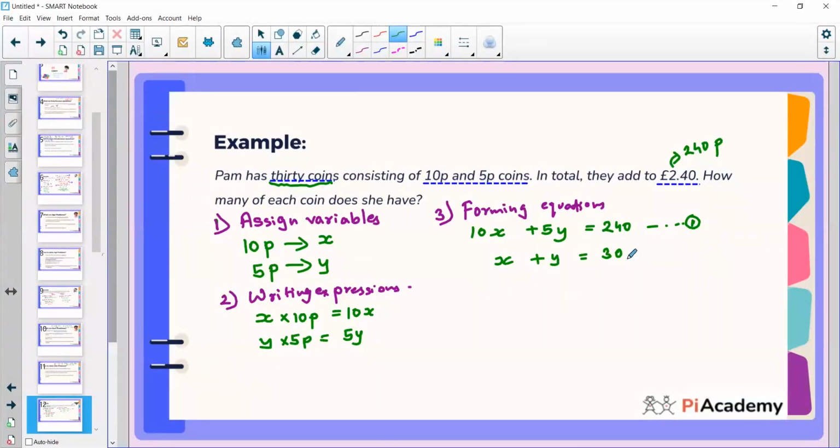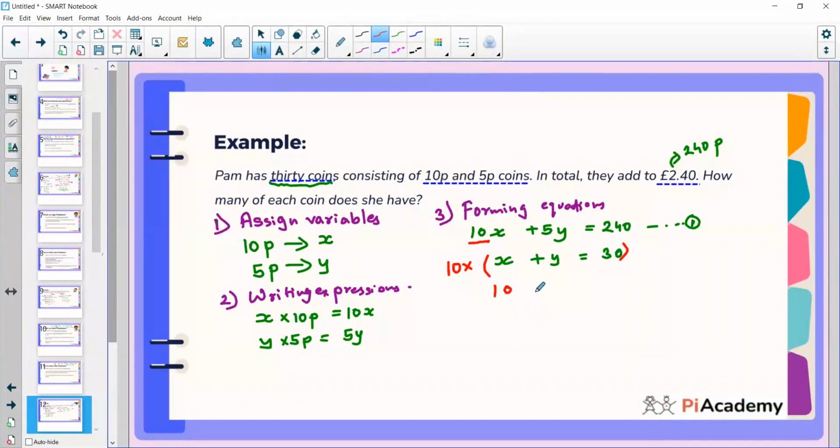Okay, now I have a pair of simultaneous equations. How can I solve them? I would be comparing coefficients, right? So here I have 10 and here I just have 1. So I can multiply this equation by 10, isn't it? What would I get if I multiply this by 10?